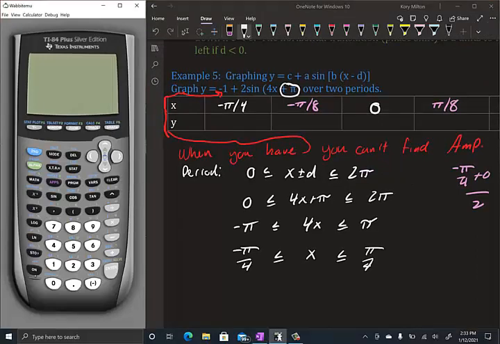Let's find the first one. We have -1 plus 2 sine 4x. In this case, x is negative pi over 4, and that's plus pi.